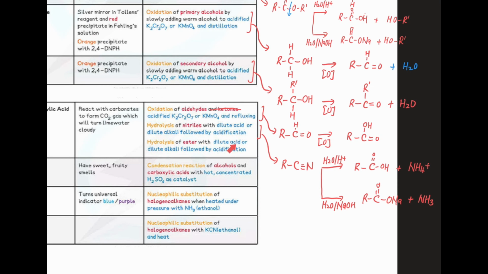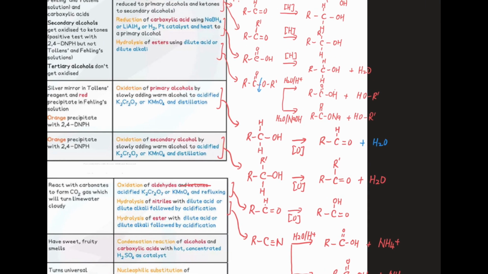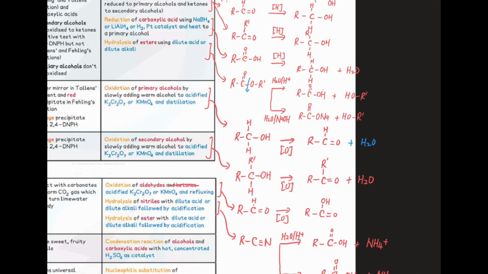The third way, hydrolysis of ester with dilute acid or dilute alkaline, followed by acidification. So the hydrolysis of ester we discussed already, as you can see up here. So this is hydrolysis of ester. So you can form carboxylic acid, or you can form salt or carboxylic acid if you are using alkaline.